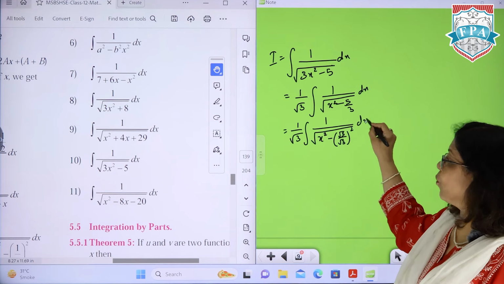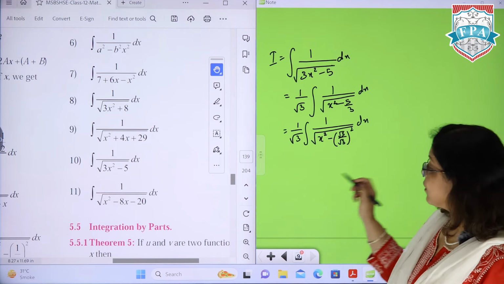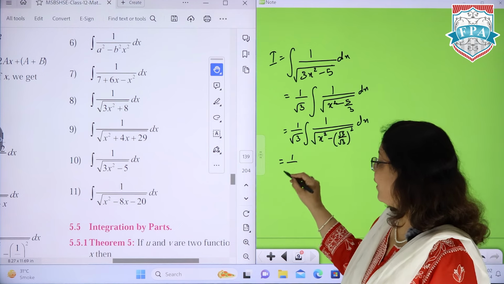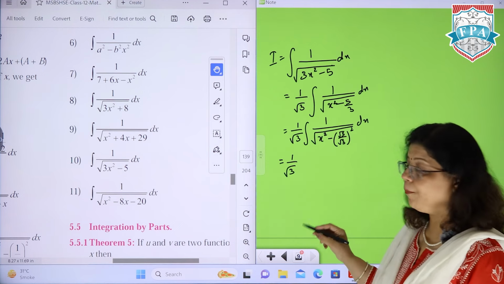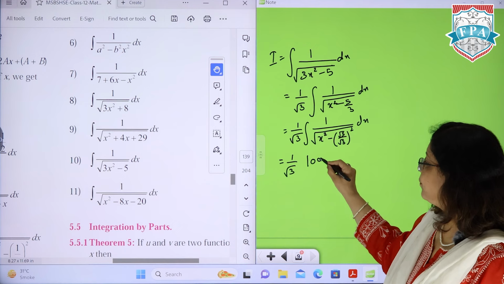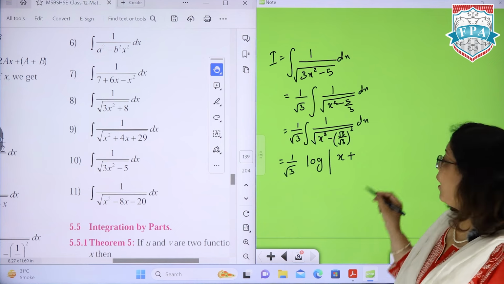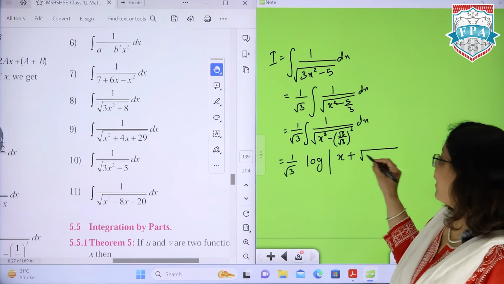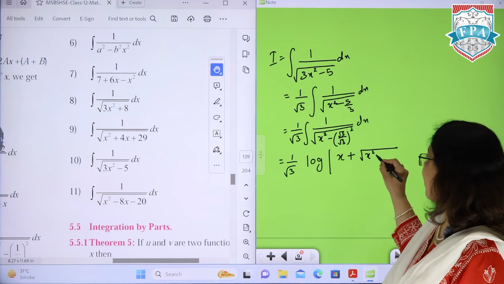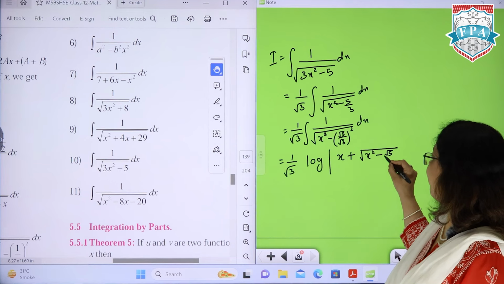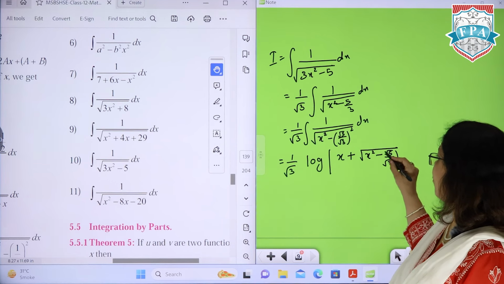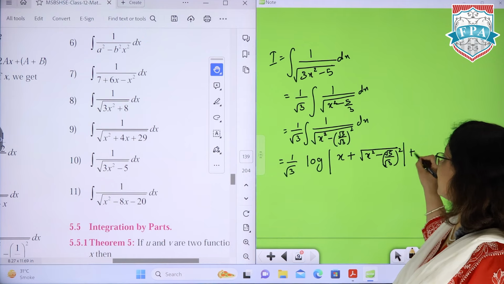So this is what we get over here. Now this is the given format. The answer comprises 1/√3 log x plus under root x square, that is this, minus root 5/√3 whole square plus c.